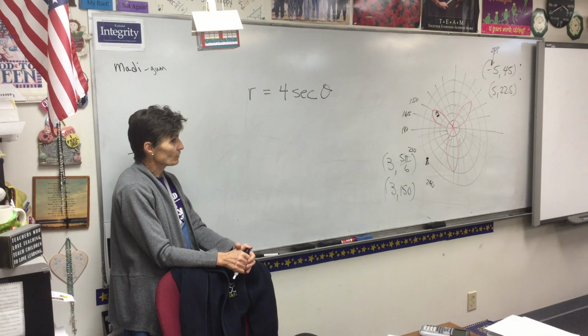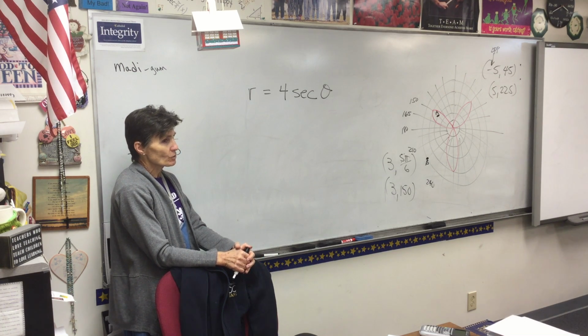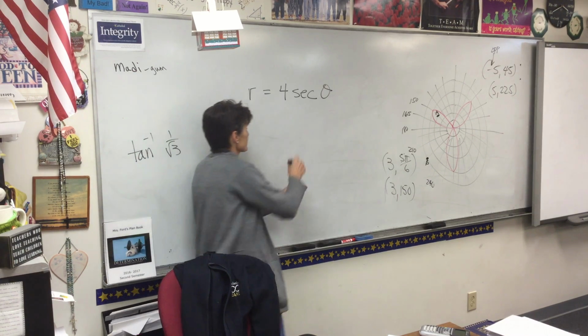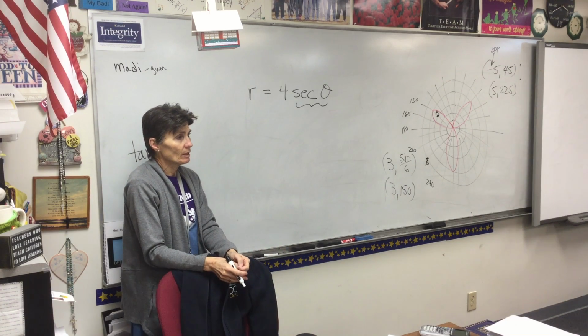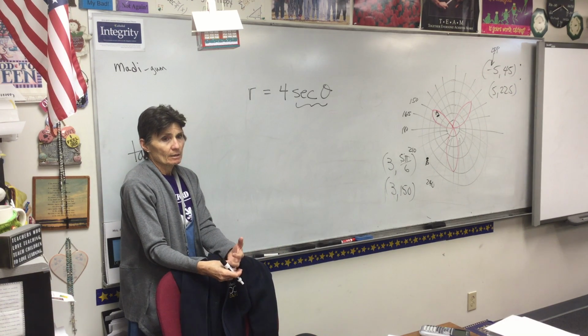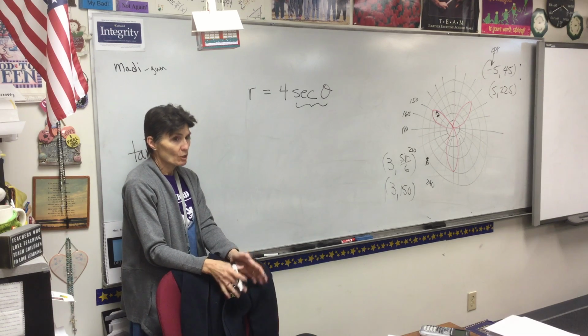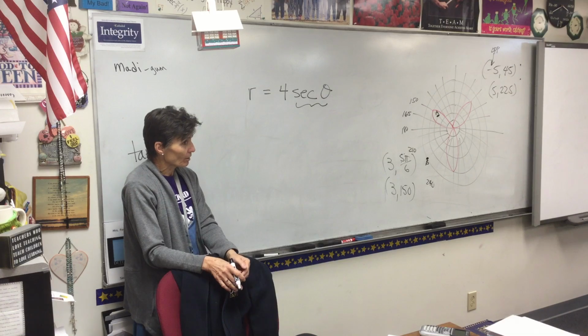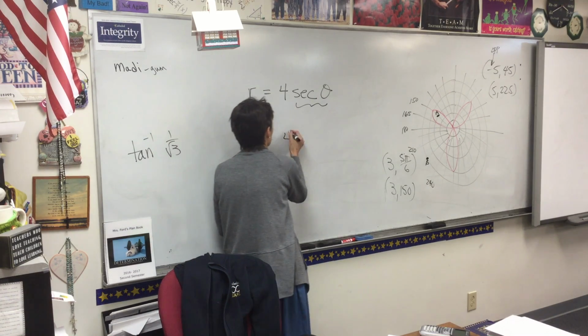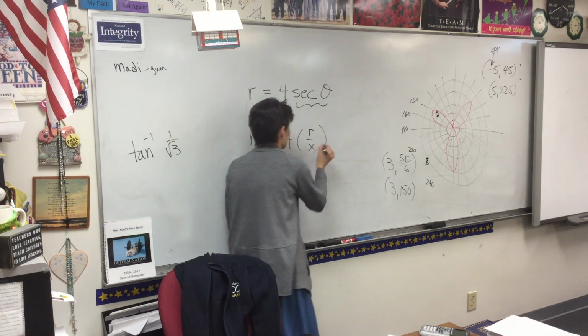What is the first thing we take care of? The secant. Now, secant is the reciprocal of cosine. Cosine is x over r, so secant is r over x.